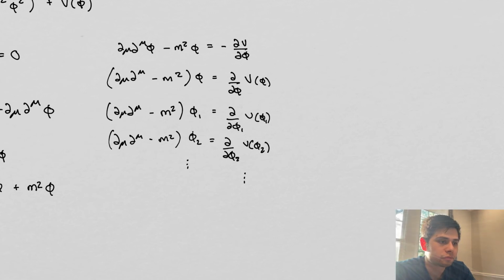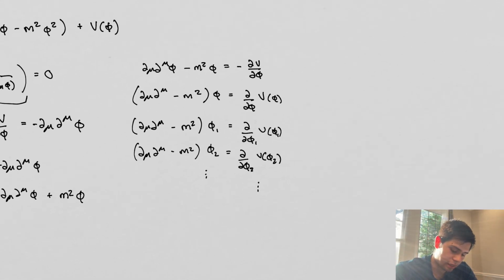And so this is very interesting to us. We can see that this function phi defines the shape of the field that we're looking at, and if there can be multiple functions that satisfy this equation, then there can be multiple potentials that are functions of these different phis, and we can add these up.